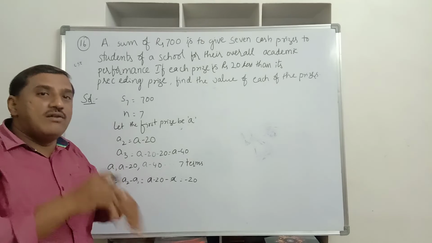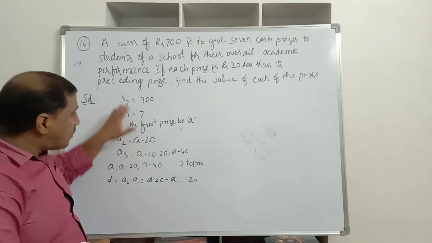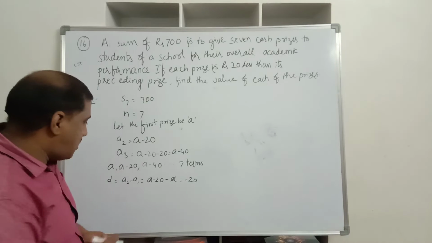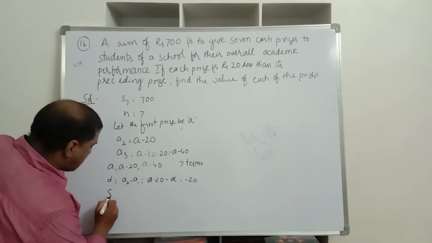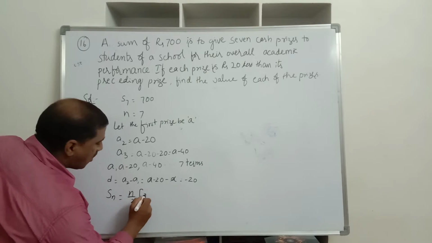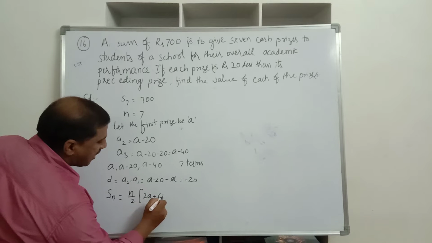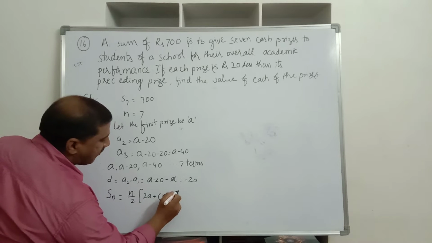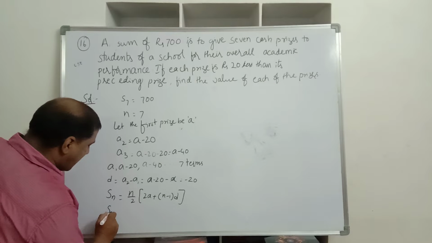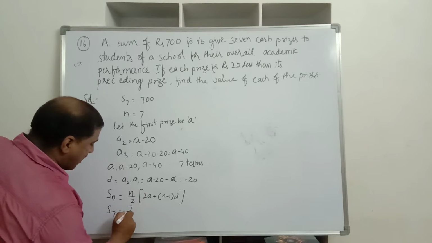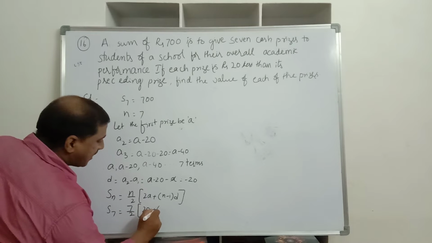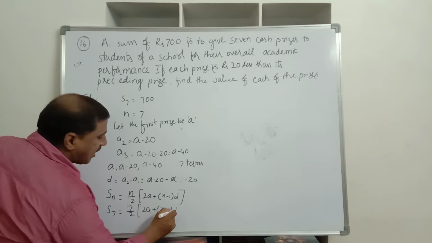So first we need to find the first price by using the concept of the sum of n terms of an arithmetic progression. What is the formula for the sum of n terms? Sn is equal to n by 2 into 2a plus n minus 1 into d. So S7 is equal to 7 by 2 into 2a plus 7 minus 1 into d.